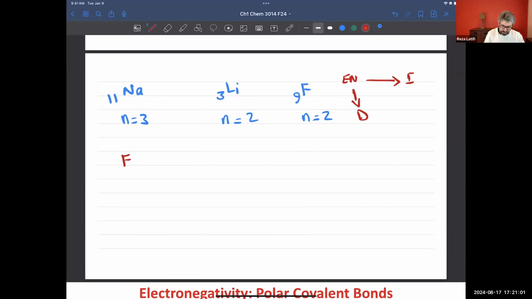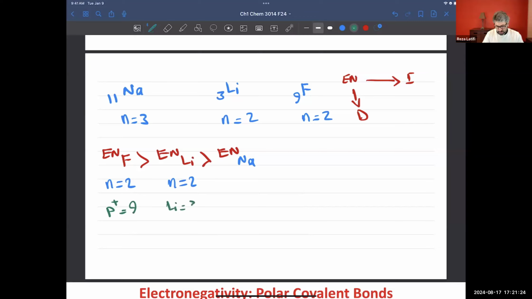So fluorine has higher electronegativity than lithium, and lithium is going to have higher electronegativity than sodium. Again, this one is n=2, that one is n=2. Fluorine has 9 protons, while lithium has 3 of them.